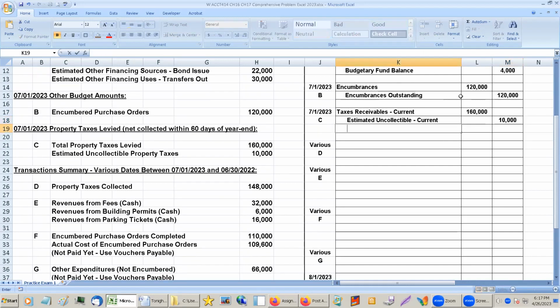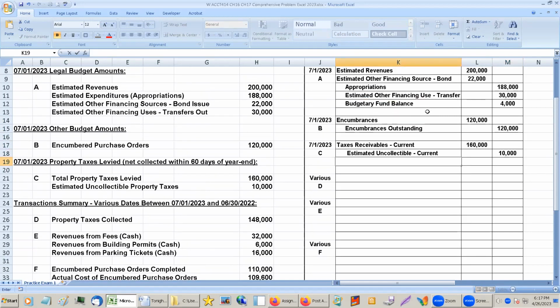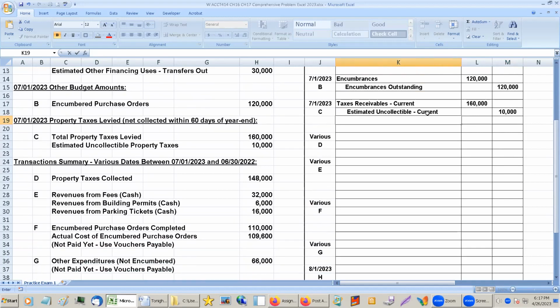And what's the last journal entry we're gonna have here? The property tax revenue for 150. Yep. If you put revenue, that's fine.